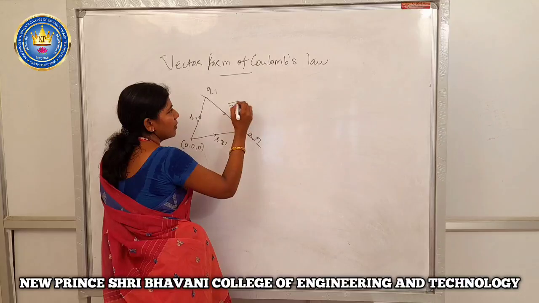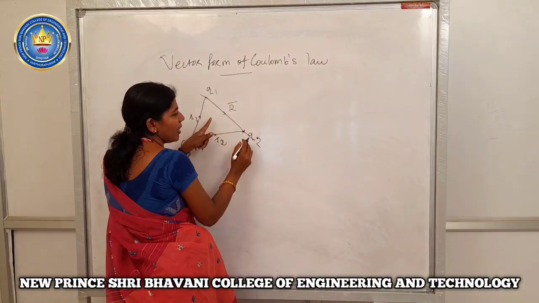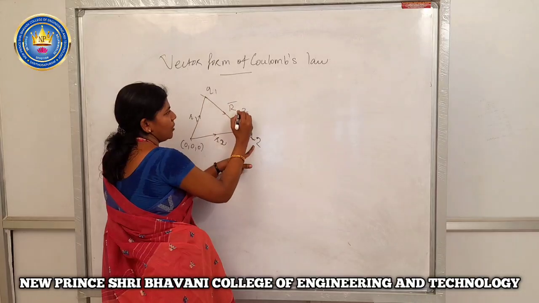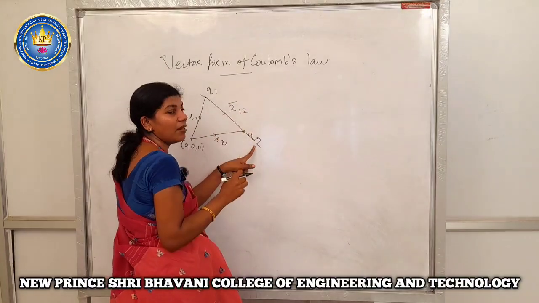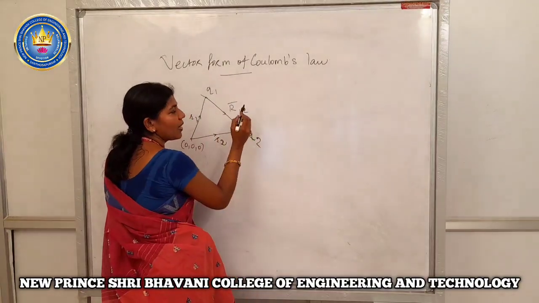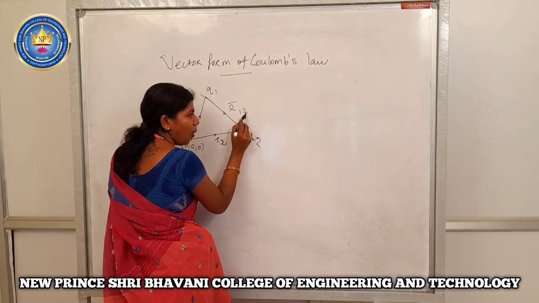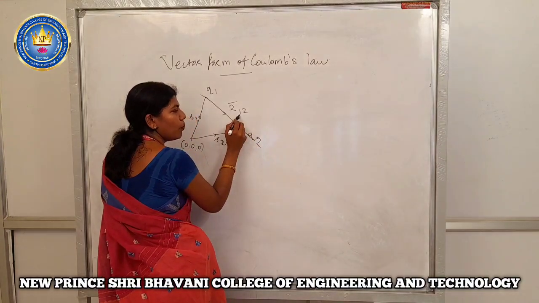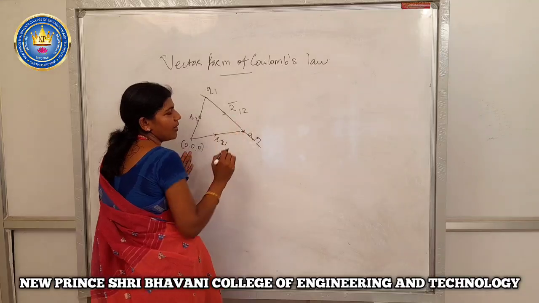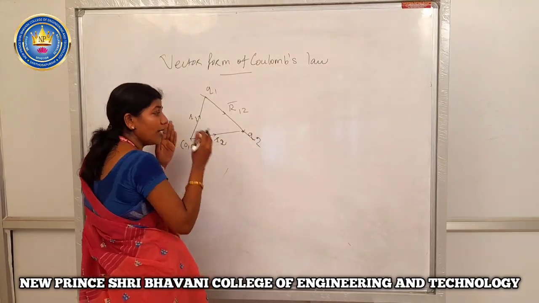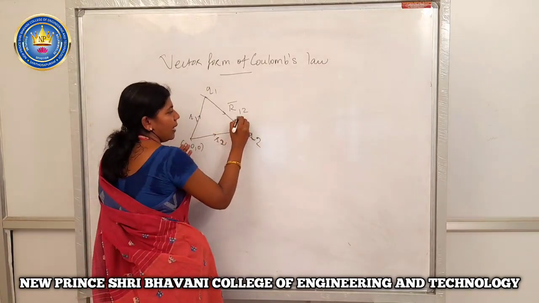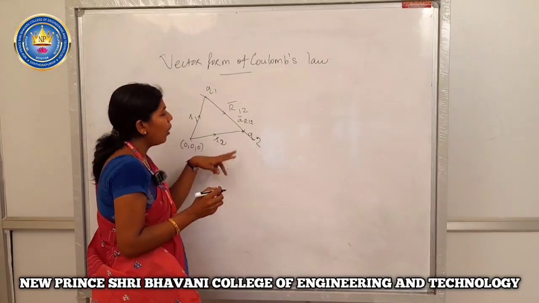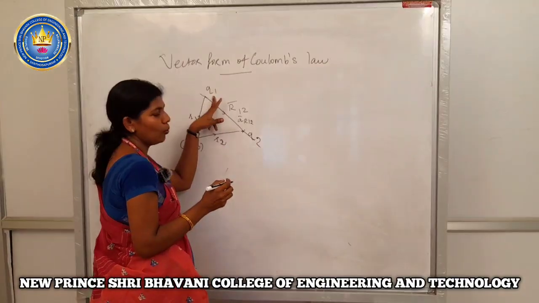Here the force exerts on Q2 due to Q1, so the direction is r bar 12, meaning the force exerts on point charge Q2 due to point charge Q1. The unit vector along this direction is a bar r12.